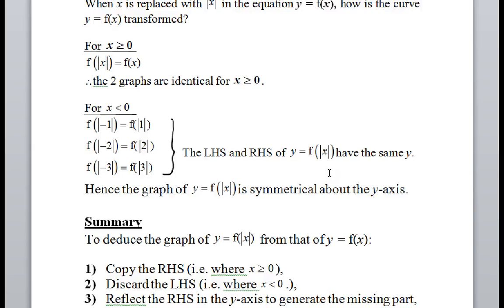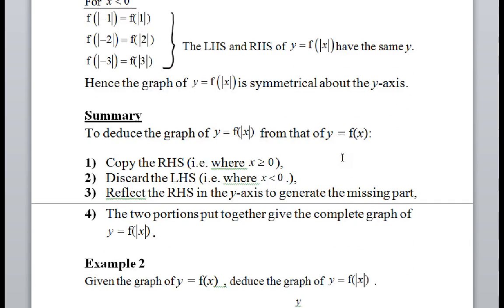Because you will see very clearly when x is greater than or equal to 0, positive, whether you mod or you don't mod, they are the same. All of it. Very easy. But if x is negative, f(negative 1) is f(1), f(negative 2) is f(2). So that is exactly what I'm saying. Correct? So it will have the same y.